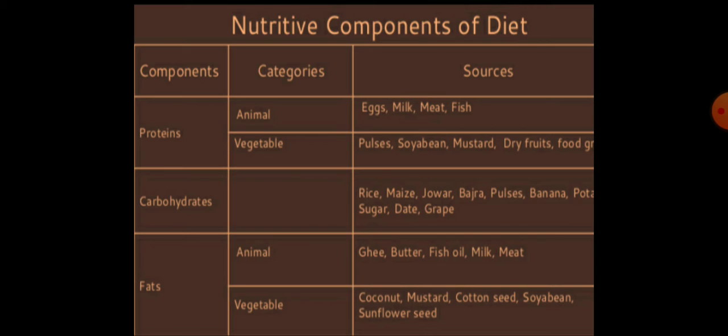Fat is animal source: ghee, butter, fish oil, milk and meat. And vegetable source of the fat: coconut, mustard, cotton seeds, soybean, sunflower seeds. So these are the nutritive components of the diet, and vitamins and minerals are also the nutritive components of the diet.